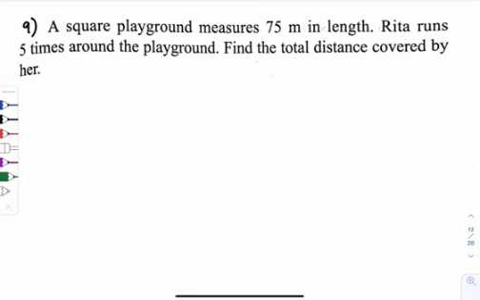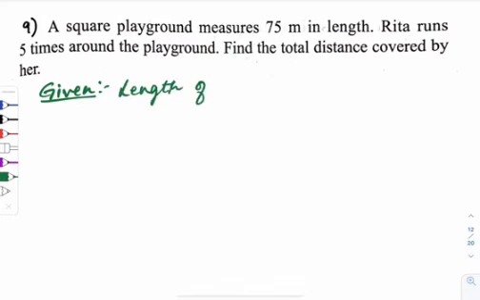A square playground measures 75 meters in length. Rita runs 5 times around the playground. Find the total distance covered by her. Children, here the given statement. We have given the length of the playground, correct? Length of the playground is equal to 75 meters.